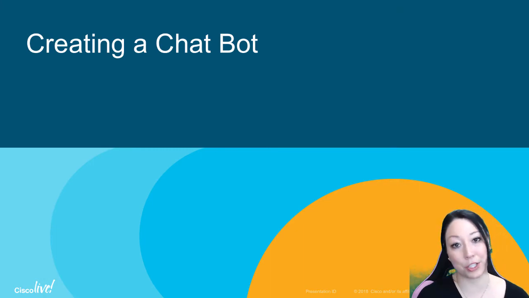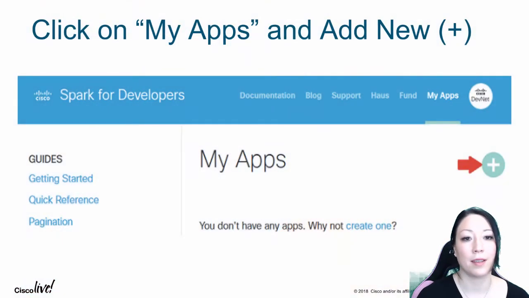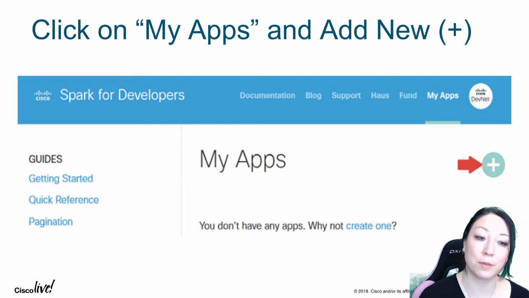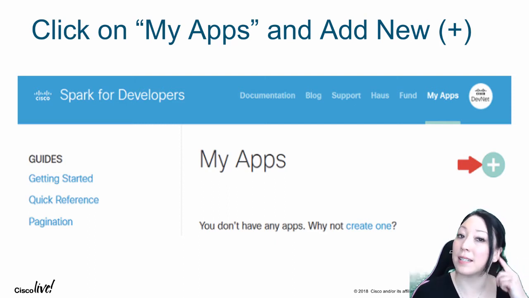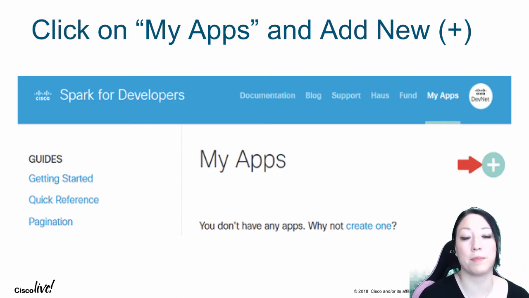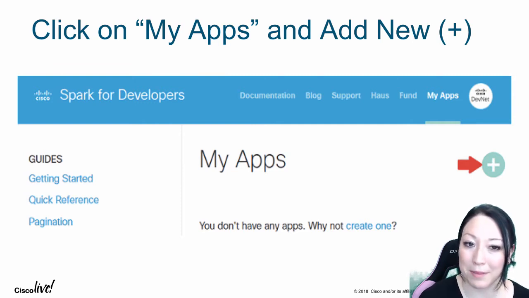So creating a chatbot, the first thing you'll need to do is go to the developer portal. Here is developer.ciscospark.com, and you're going to click on the tab called My Apps, located on the top right next to your profile image. Since you haven't added an image yet, it'll probably be blank. So just click on My Apps and then click on the big green plus sign.